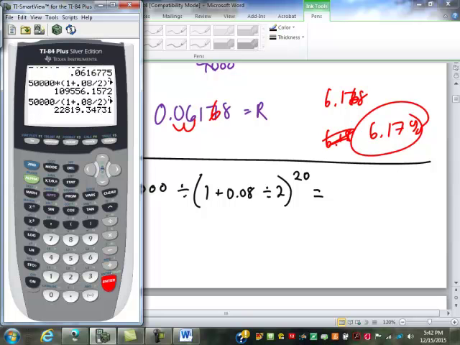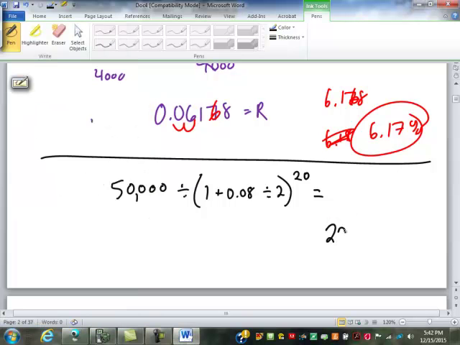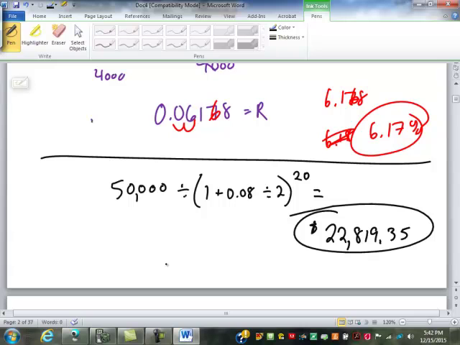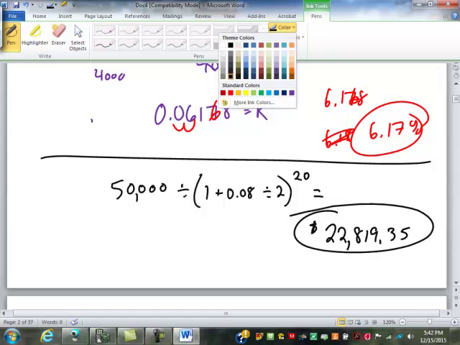There we go. 22, 8, 19, 35. So at 8% compounded semi-annually for 10 years, you would need to put away $22,819.35 today to reach $50,000. Questions?